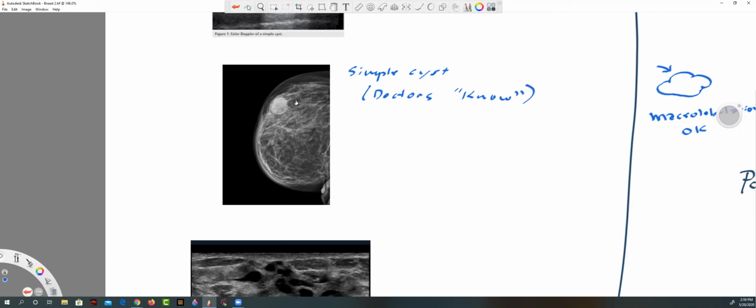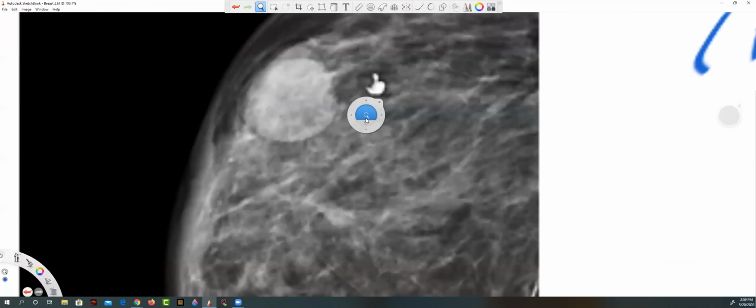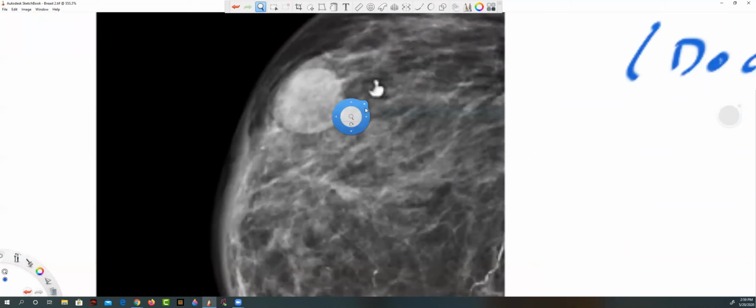But that's a simple cyst. And also, one thing that delineates it from a simple cyst is, look at this rim around there. We would call it slightly hypoechoic. That's not what they call it because they're not using echoes.